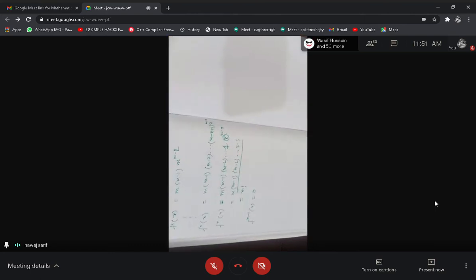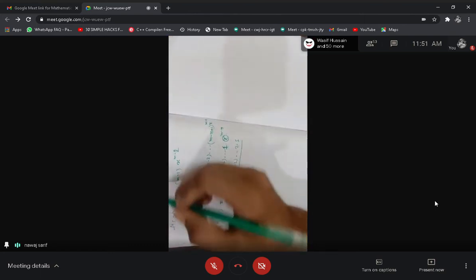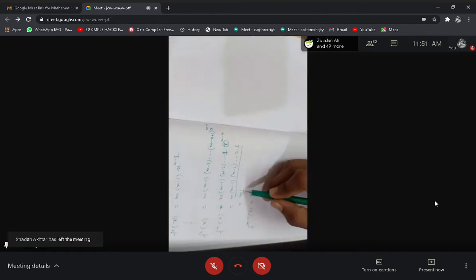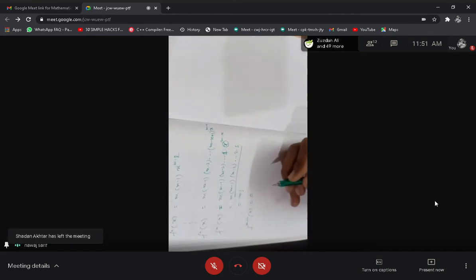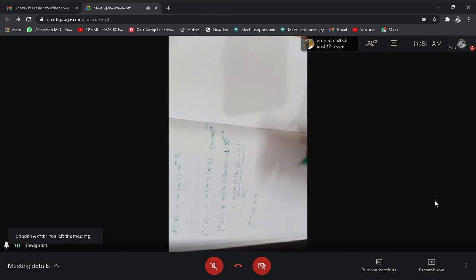That means when f(x) is x to the power m and m is a positive integer, the mth derivative is m factorial. That means this is a constant, and the higher order derivatives are 0.